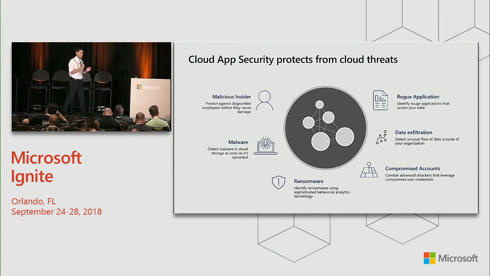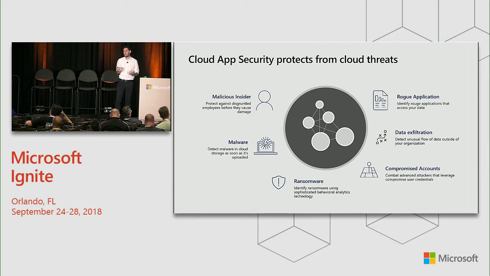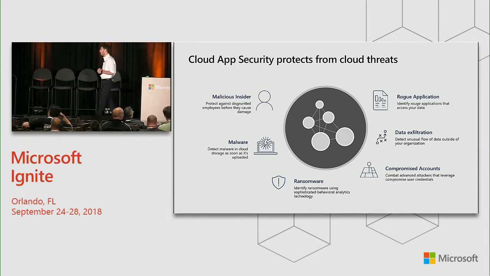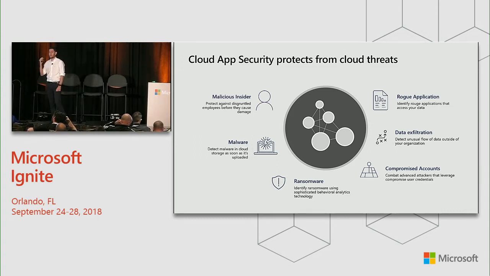So when we deep dive into how we detect threats, Cloud App Security provides capabilities in different areas, starting from rogue applications, those bad OAuth applications that we discussed previously, and I'll show you that in a demo later on. Moving to malware and ransomware detection for the files in your different cloud applications.